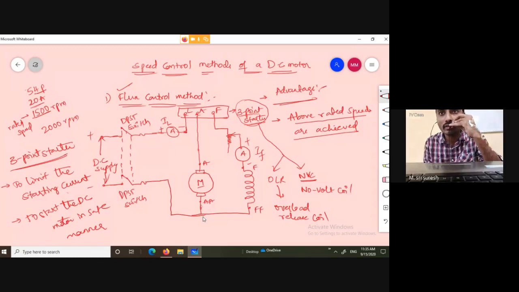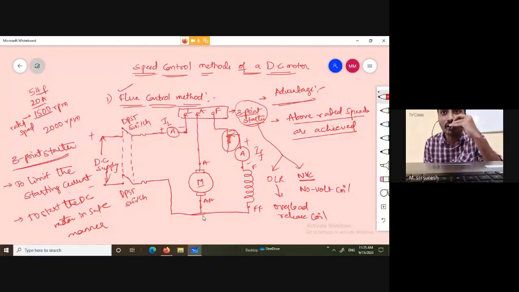This is the field rheostat. Here we have kept it at the minimum resistance position. Why? Because if this is at the minimum resistance position, RF is minimum. RF is nothing but field resistance.